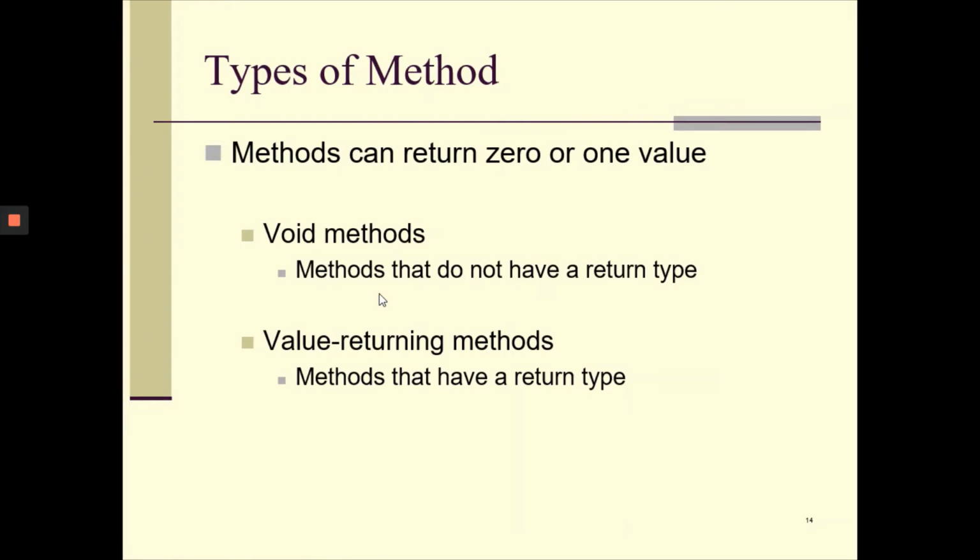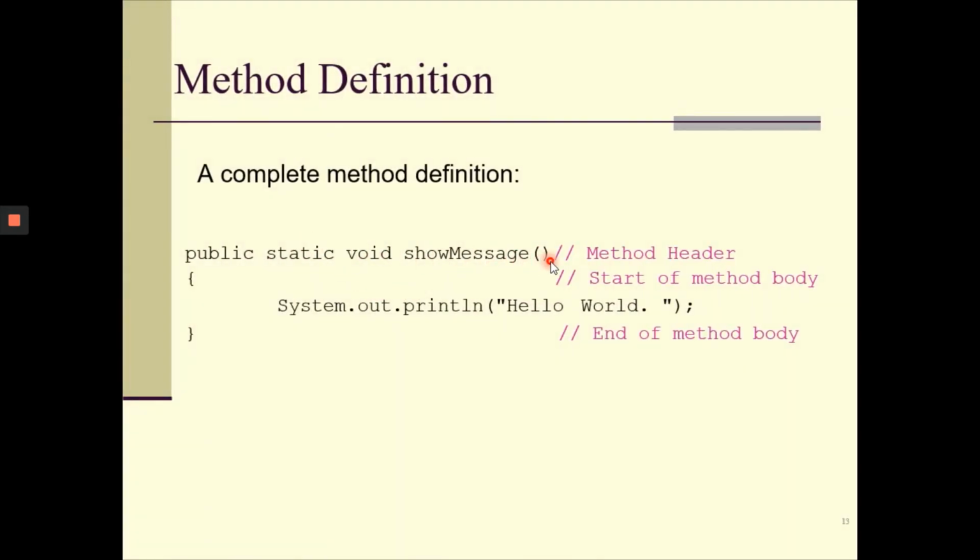After the method header, you have to put curly braces, open and close curly braces. This is the body of your method. In this example, we only have one SOP. If you have more, you can just add, and it should be before the close curly brace.